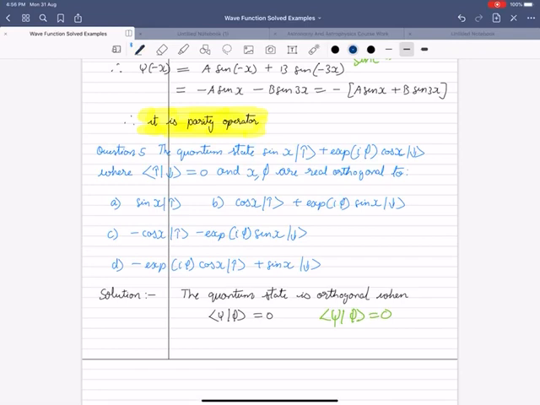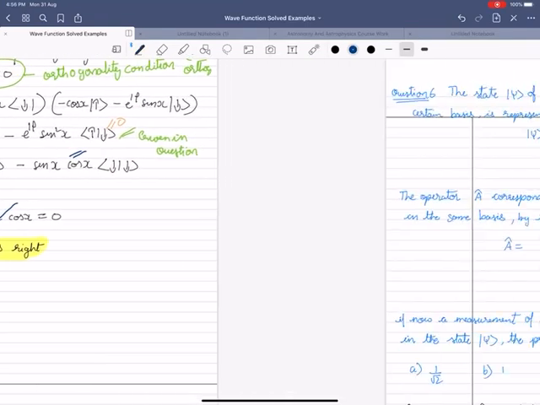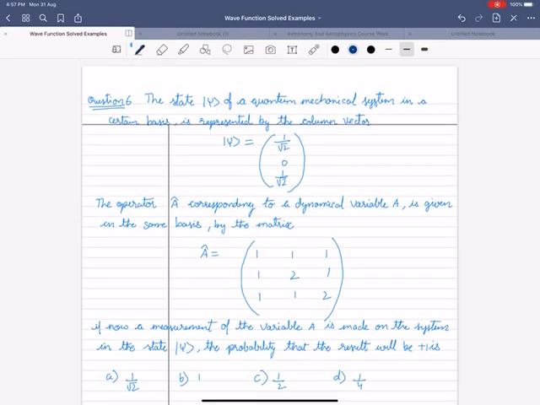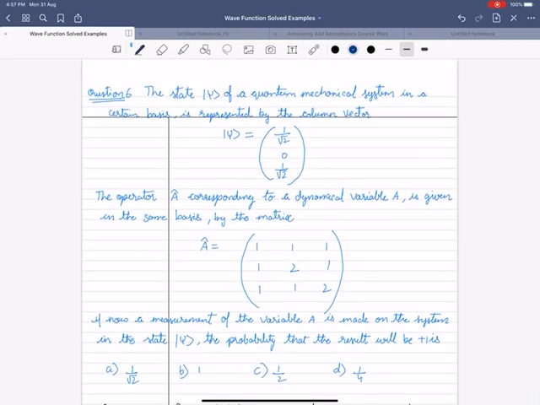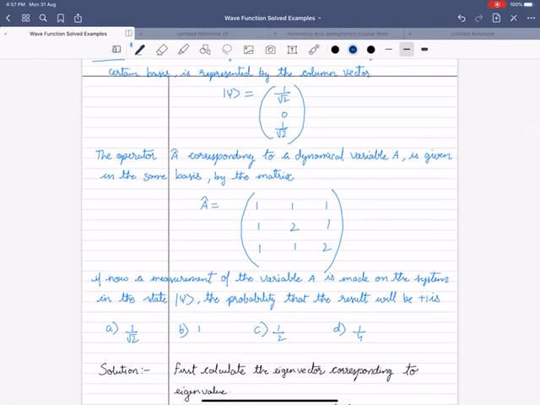Okay, so we will go to our sixth question. In the sixth question, we are given a state psi of a quantum mechanical system, and the operator is also given. Basically this question asks that if a measurement of the variable is made on the system in the state psi, the probability that the result will be +1 is.